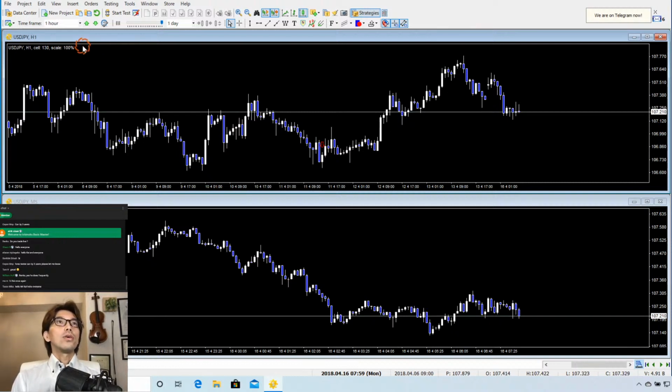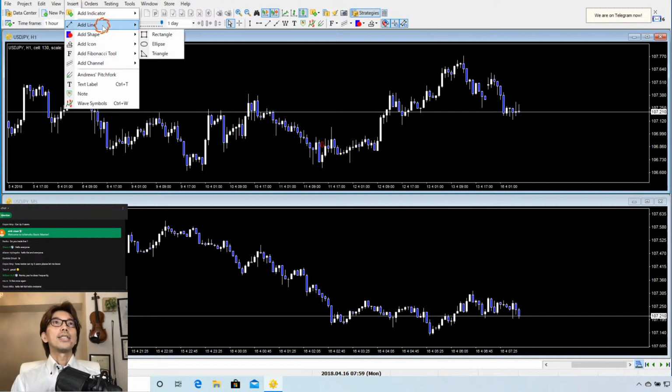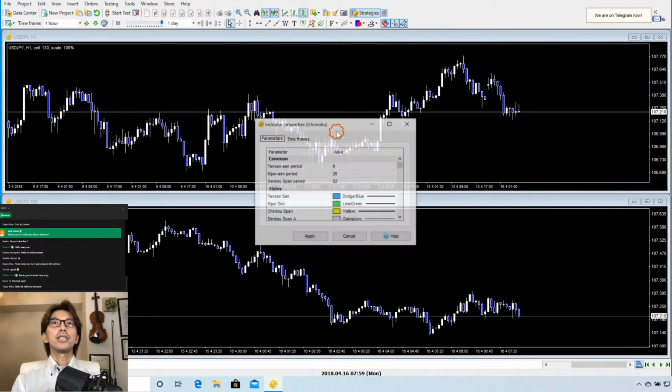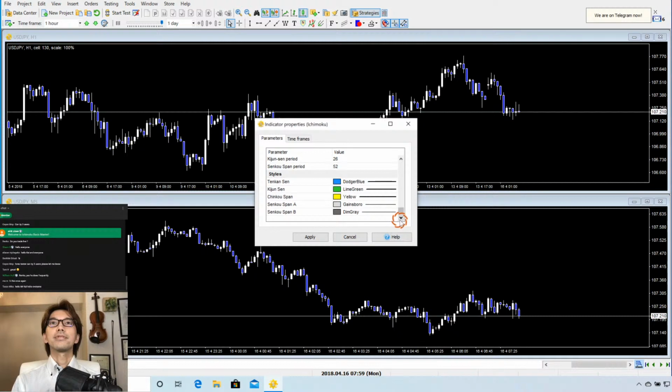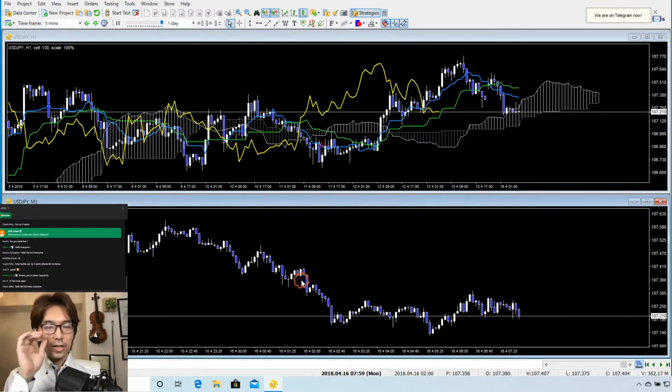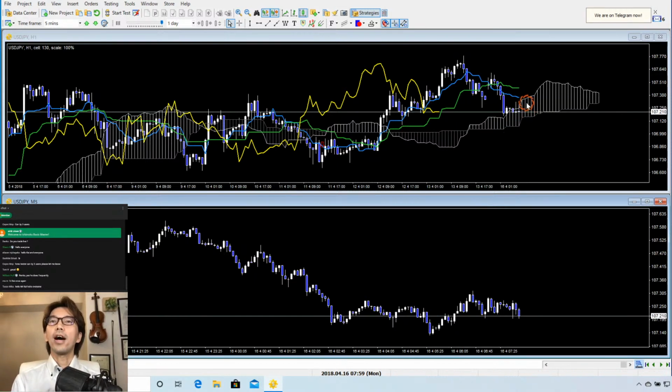On the 1 hour I will put the Ichimoku Kinko Hyo here. Over here there is Ichimoku, and down here I will just use the trend line today, just to demonstrate how I would look for a buy chance or sell chance. Are these lines all clear now?